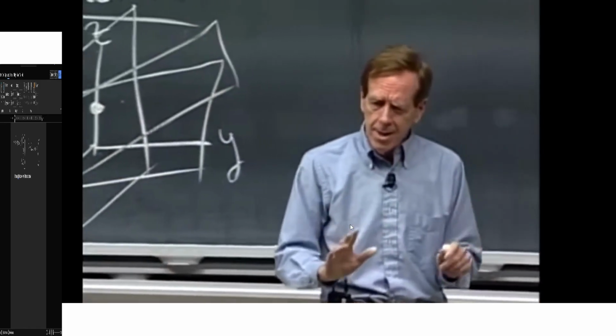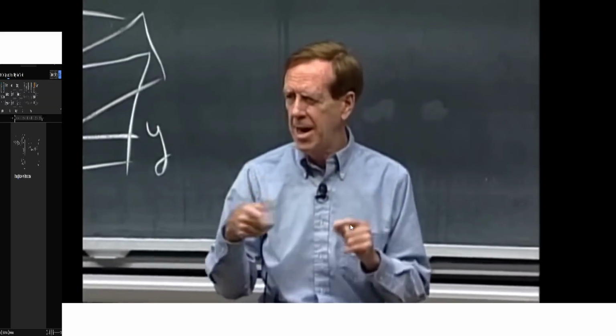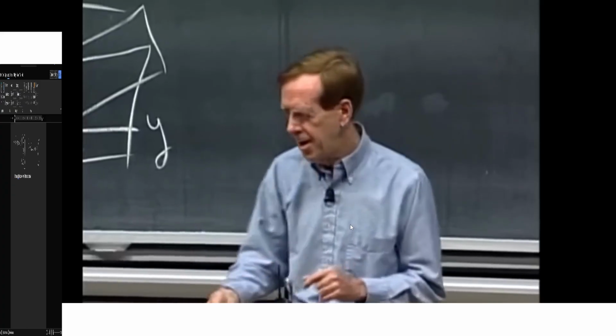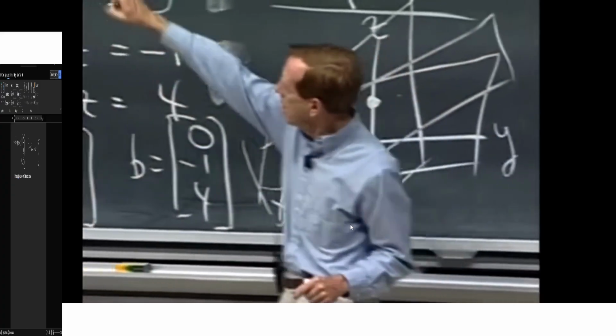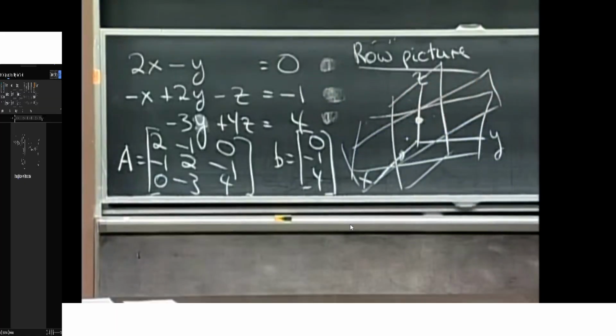But maybe you can see that this row picture is getting a little hard to see. The row picture was a cinch when we looked at two lines meeting. When we look at three planes meeting, it's not so clear, and in 4 dimensions, probably a little less clear.